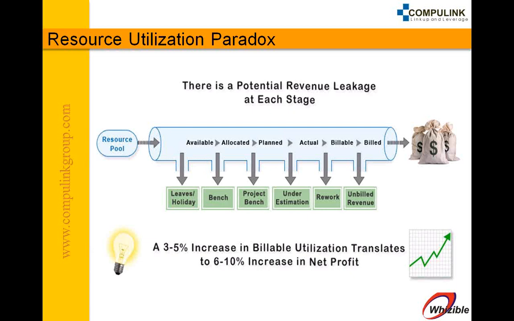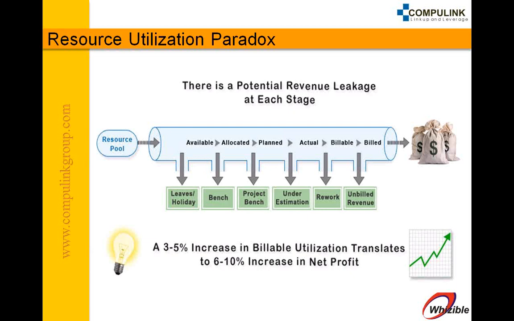When we move to fixed bid types of projects, we are faced with further leakage points. The first being underestimation. In a fixed bid project, you get paid for the amount that you have budgeted and quoted to the customer. Any excess hours spent on top of that are not billable to the customer.